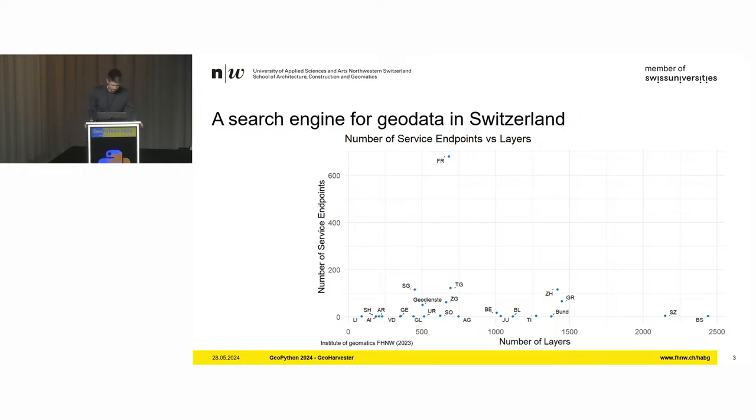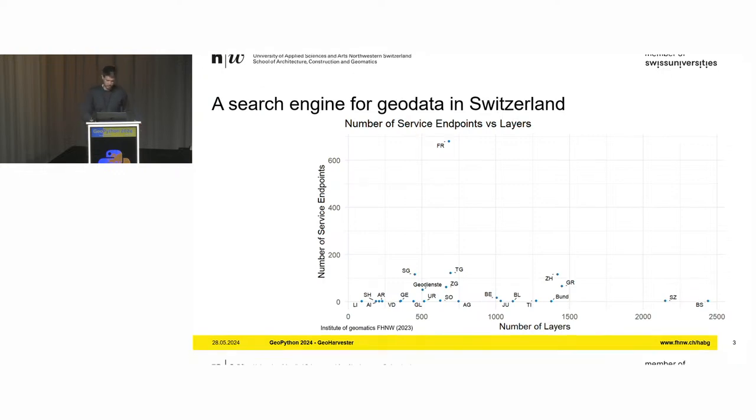On the top, Canton Freiburg uses one service endpoint for each web service, which can be complicated to integrate. Basel City on the bottom right uses just one service endpoint with all the layers, which can sometimes be useful and sometimes not. Anyway, there are always different implementations of these kinds of services.